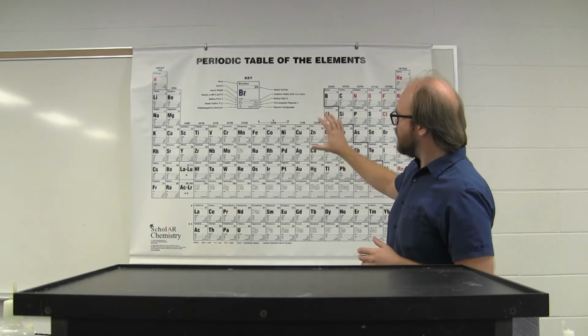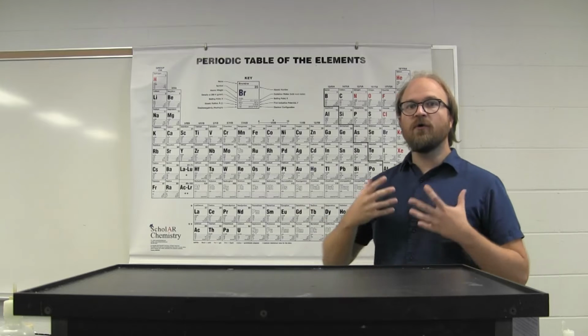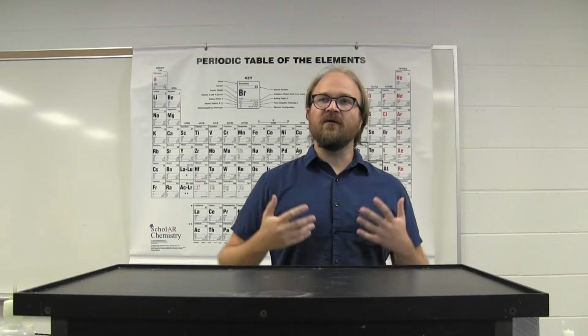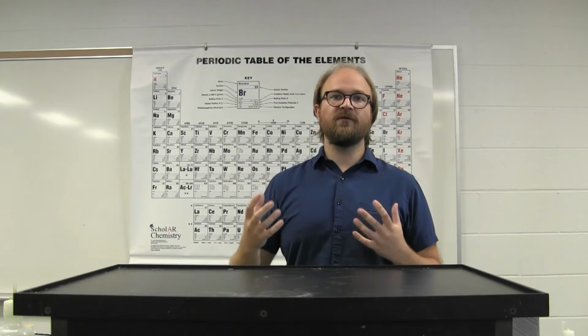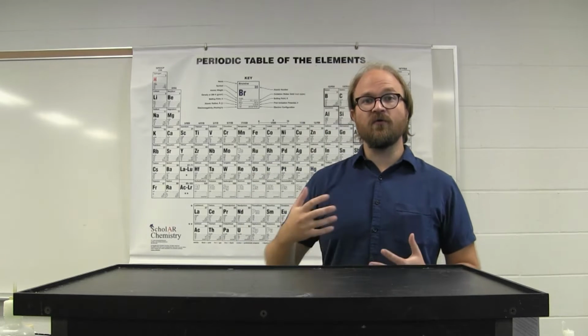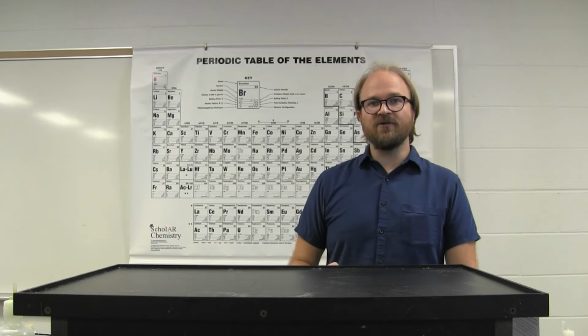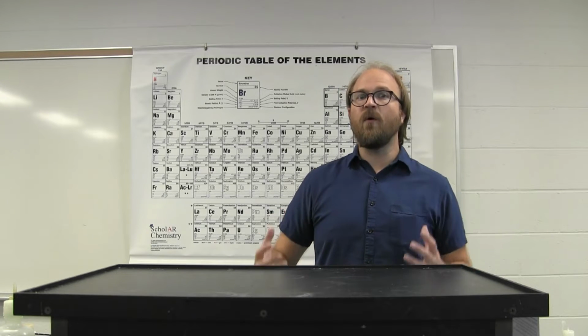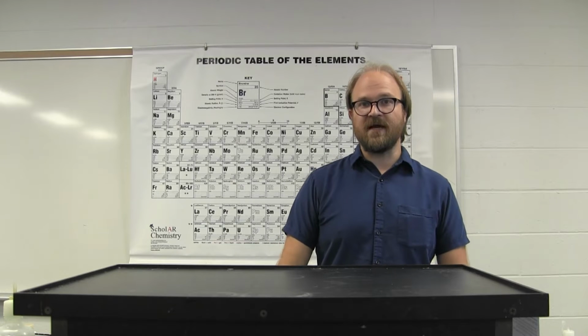By moving along on the periodic table, you're changing the number of electrons. Electrons can only exist in whole numbers. Therefore, they are quantized. And the energies associated with those electrons are what quantum chemistry is based on.